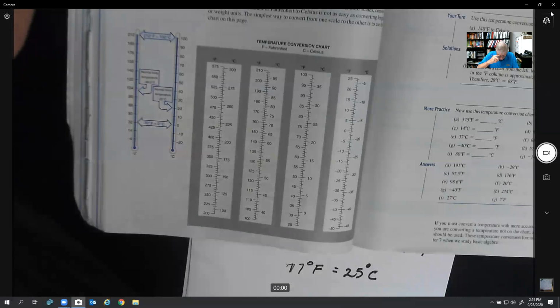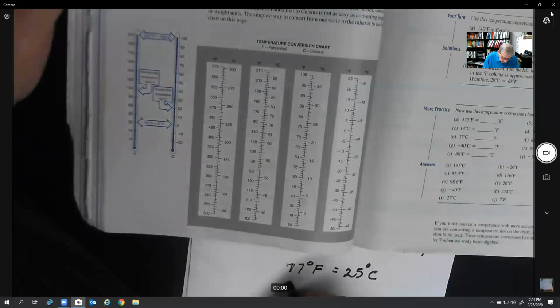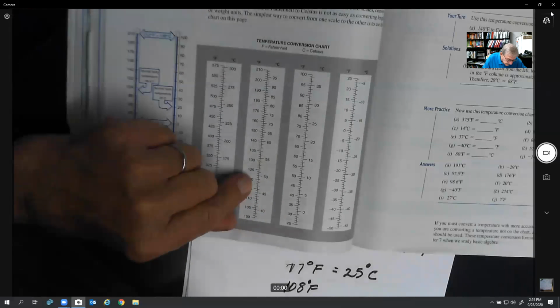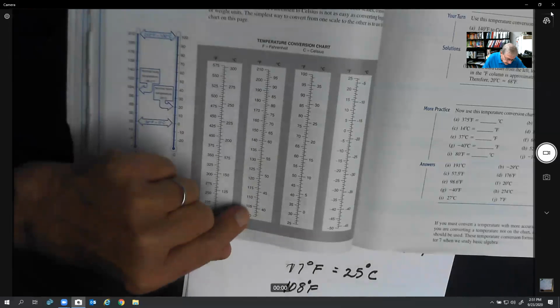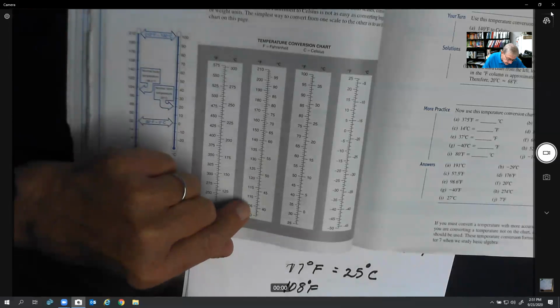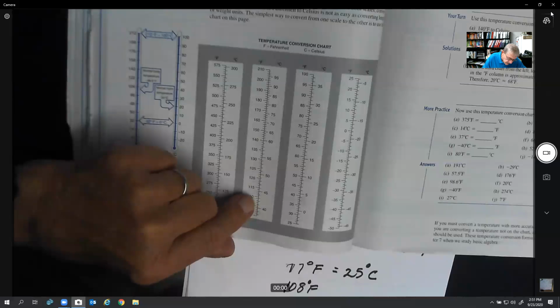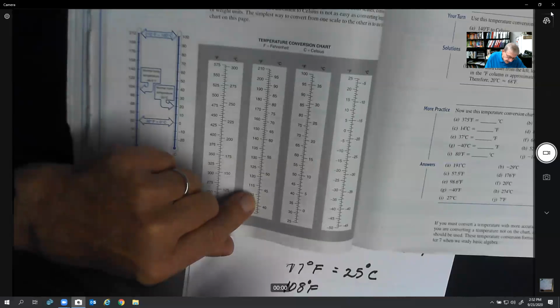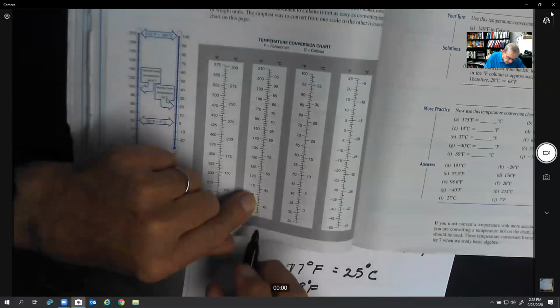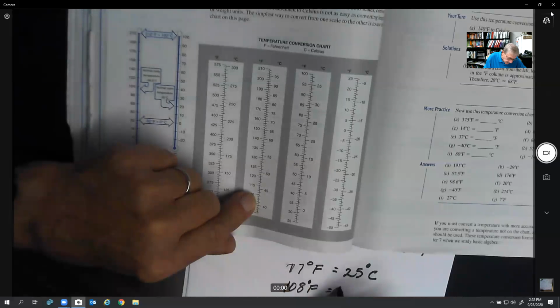Let's see what 108 would be. 108 degrees Fahrenheit. Let's find 108. Here's 110. Here's 105. These look like they're going up by ones: 105, 106, 107, 108. Kind of hard to read. And how are these going up? They're going up also by ones. So that would be 48.